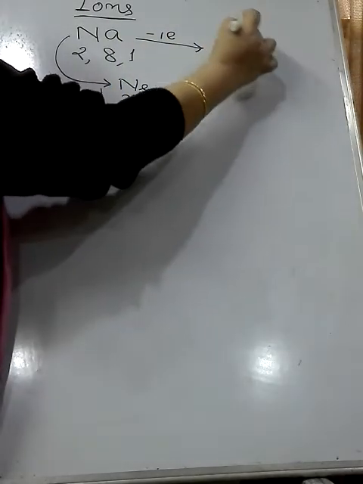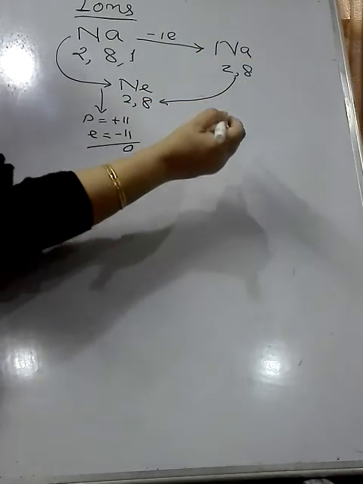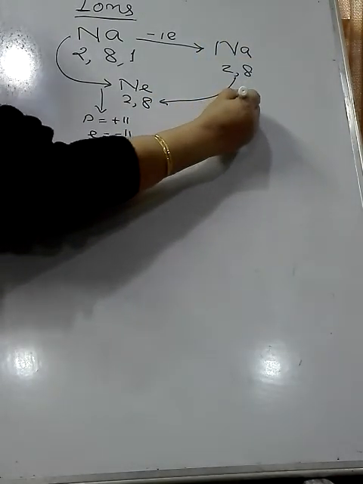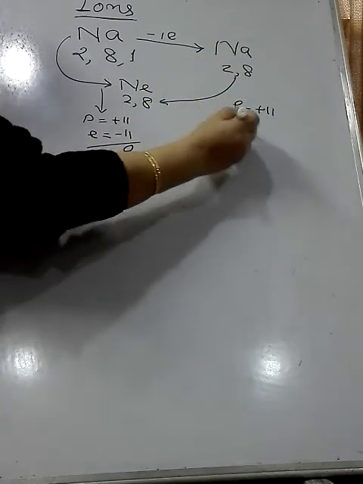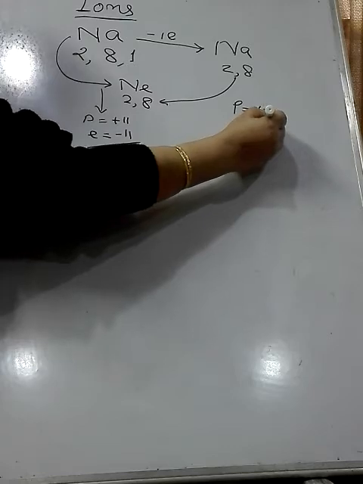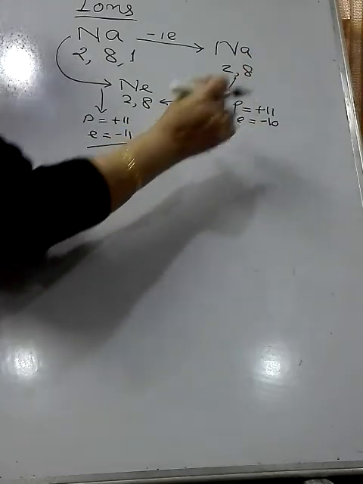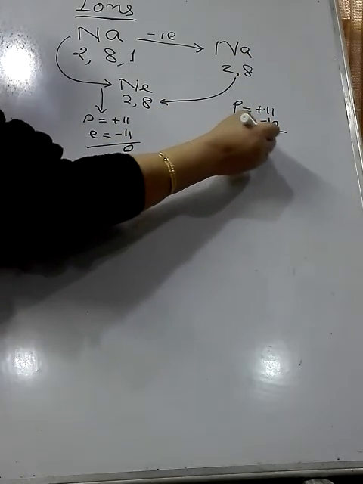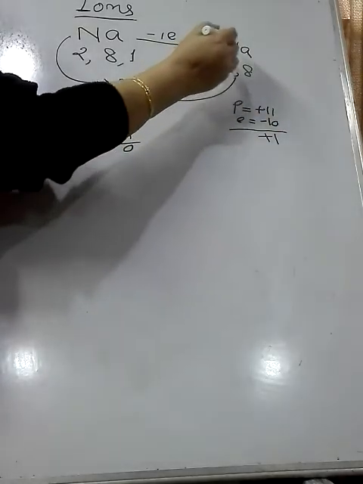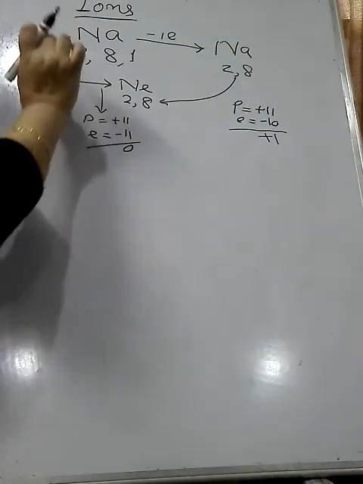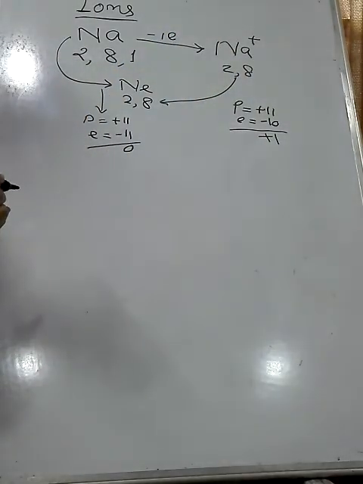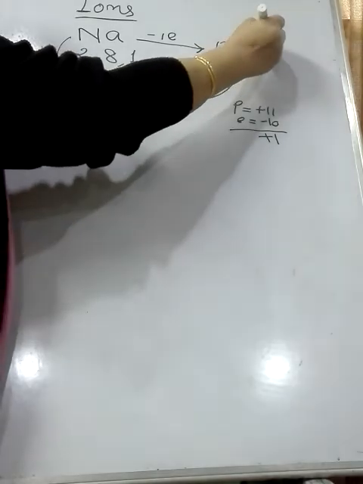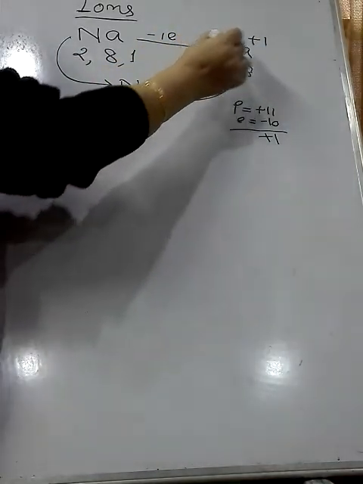The proton number is the same, +11 inside the nucleus, but the electron number becomes -10 because one electron is donated. So the net charge is +1. This species is not a neutral sodium atom now. It contains a charge which you write on the right hand side as plus or +1. So this is a charged species now, and this is an ion.